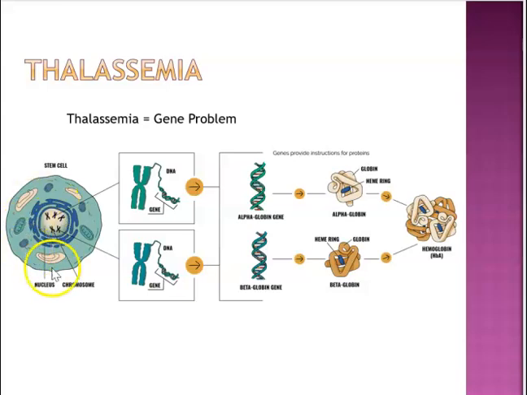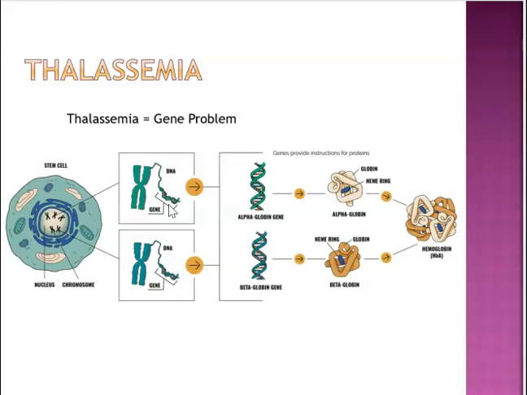So first we have our stem cell. And within our stem cell, we have our nucleus, and within our nucleus, we have these little X-shaped structures, which represent our chromosomes. And our DNA is housed within our chromosomes, and our genes make up our DNA, and our genes tell our body what it's going to be, whether it's our globin chains, eye color, whatever.